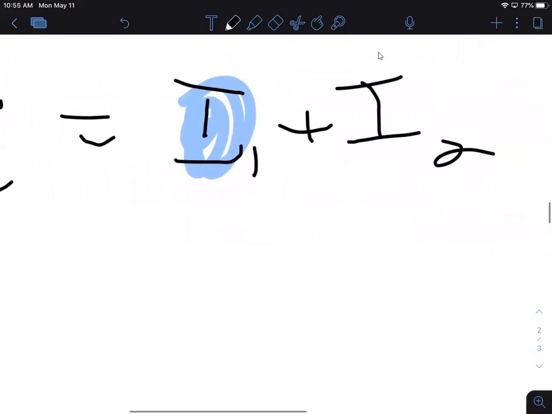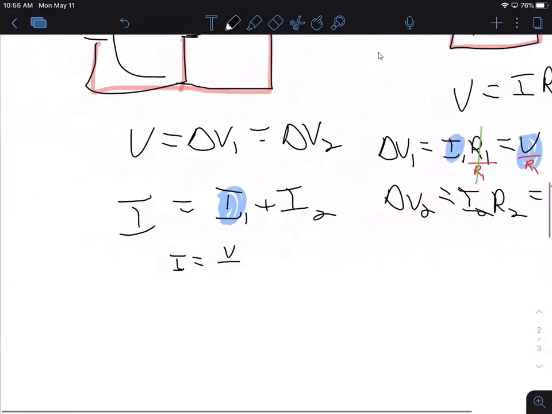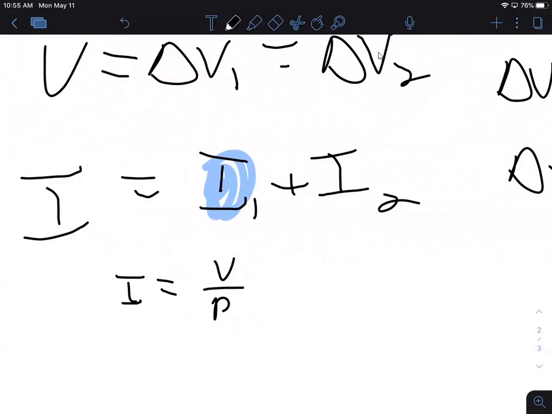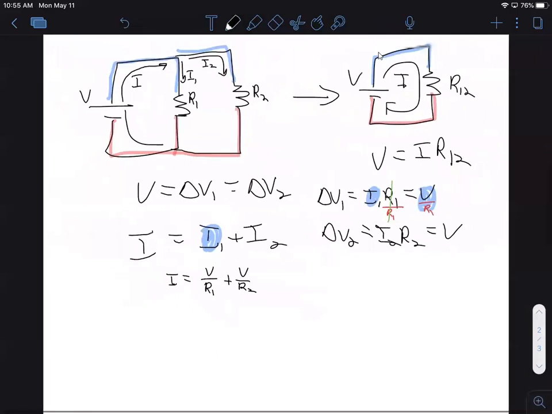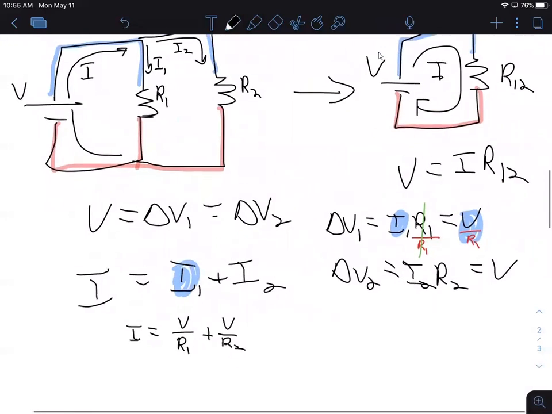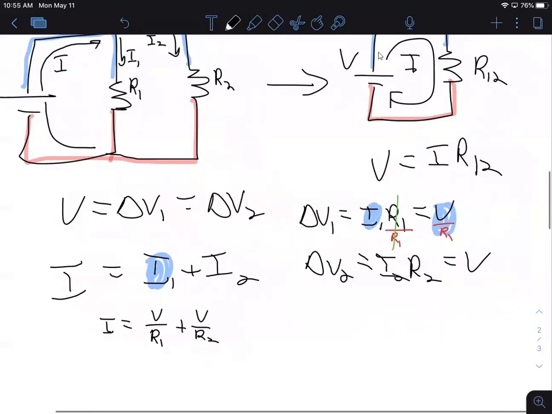So I can now get I equals V over R1 plus V over R2. All right, and this is my goal, is to get this, so I can rewrite this one. Same idea.